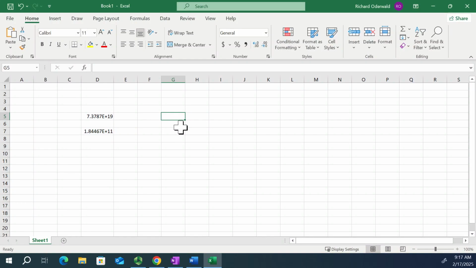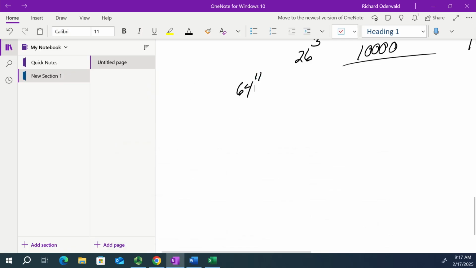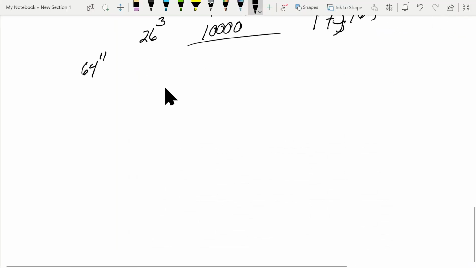How about A, B, and C? 3 letters. How many ways can we do A, B, and C, without regard to order? Any one of them can go in the first place. Any one of them can go in the second place. And any one of them can go in the third place.